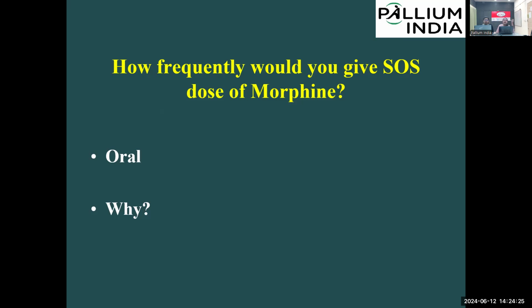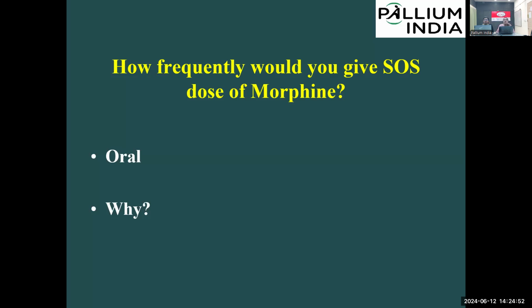So when given orally, morphine takes around 1 hour to produce its peak effect. So when an SOS dose of morphine is being given, there should be an interval of at least 1 hour between two SOS doses.